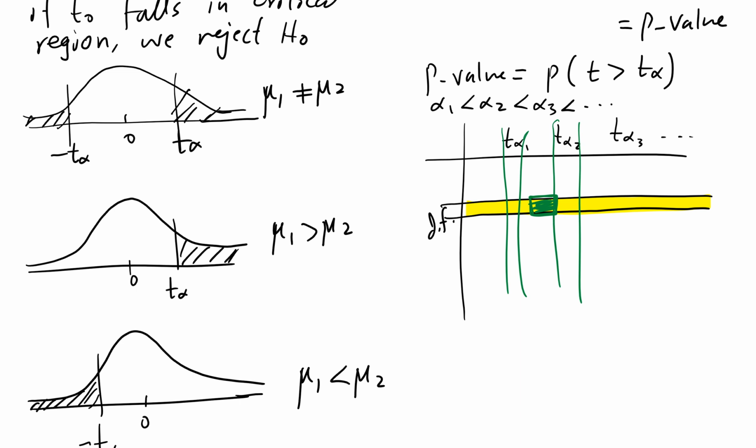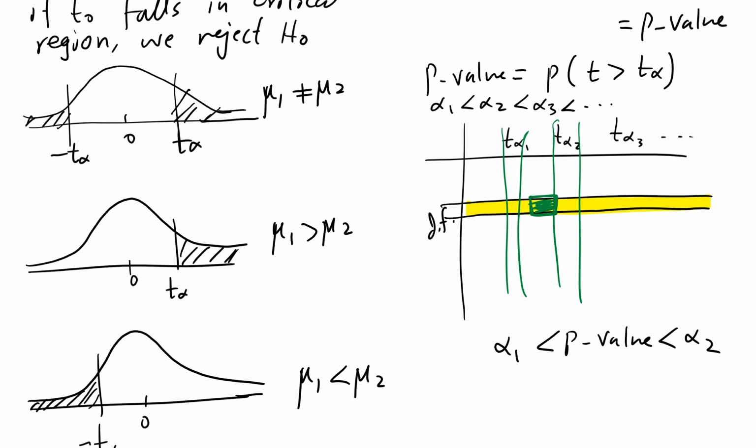Then the p-value would be the one between alpha 1 and alpha 2. So we can't always find the exact value of the p-value, but we can estimate it.